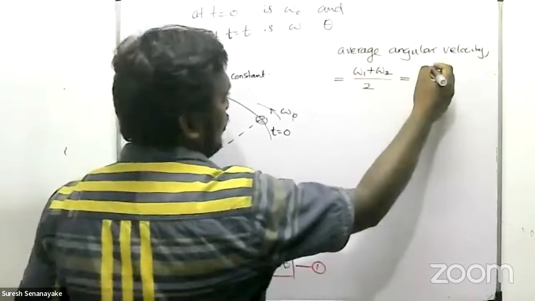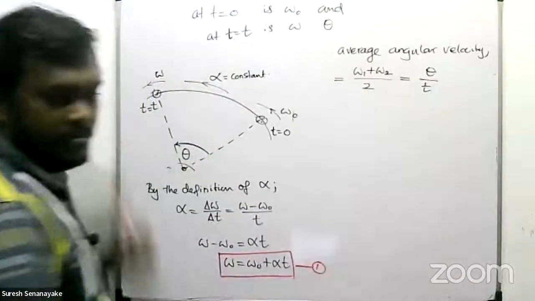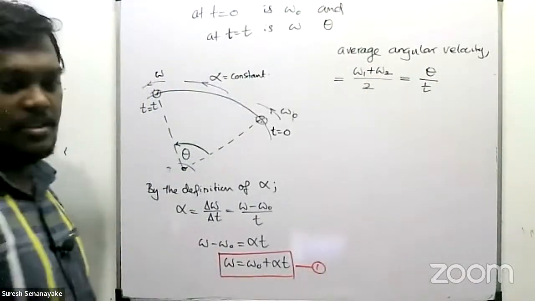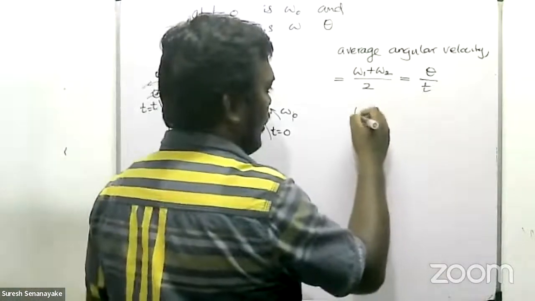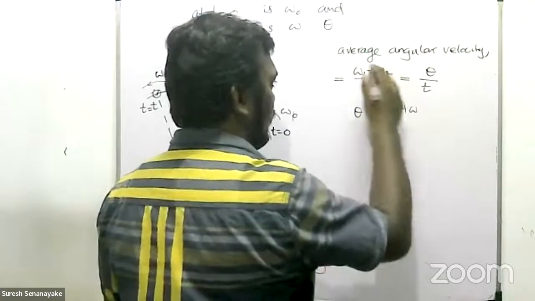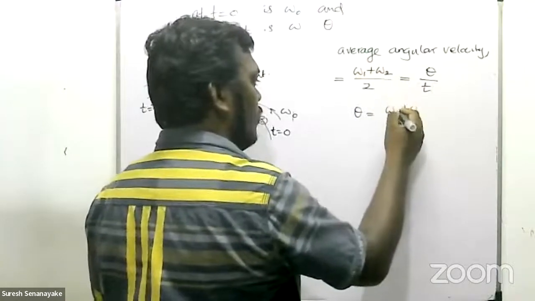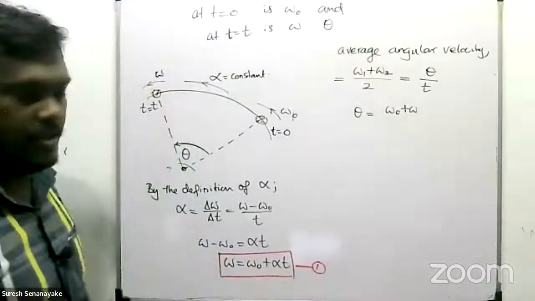That equals the total angular displacement divided by the time. Omega 1 plus omega 2 means omega naught plus omega here.